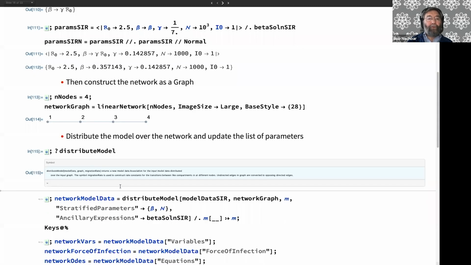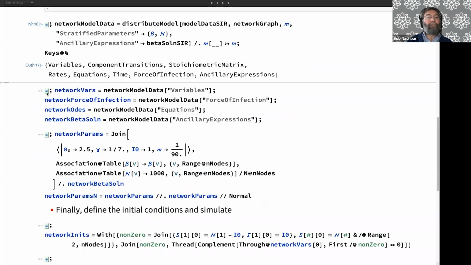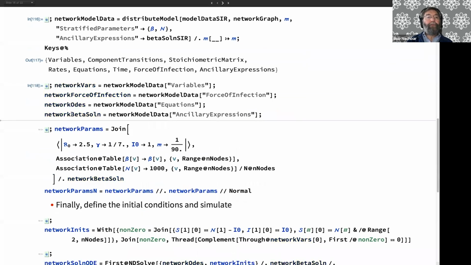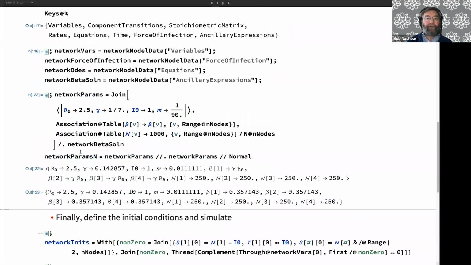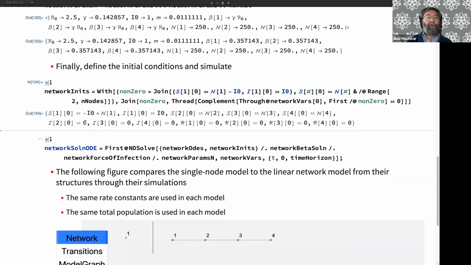There's a function in the notebook here called distribute model that lets us distribute the SEIR model over our network, and we're going to use M as the migration rate constant, and we'll just gloss over some of those details there. We'll pull the variables, the force of infection, differential equations, and the expression for beta out of that and define our parameters. These are all the parameters, and we'll set the initial conditions.